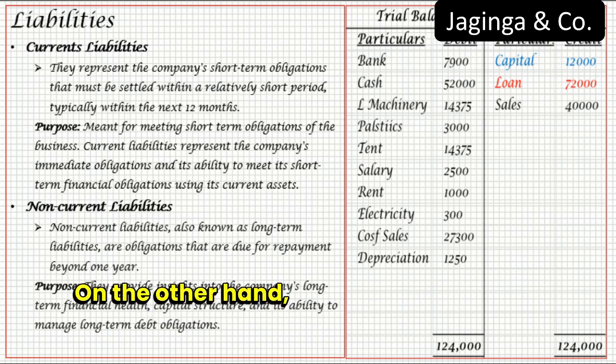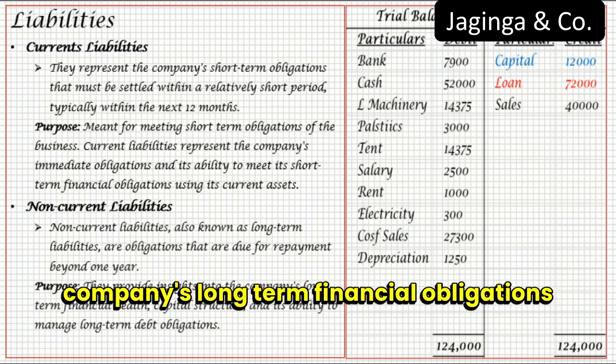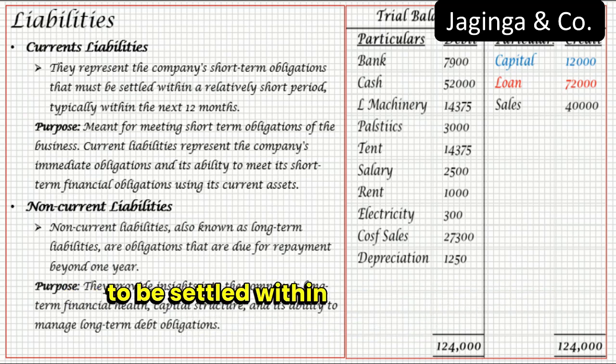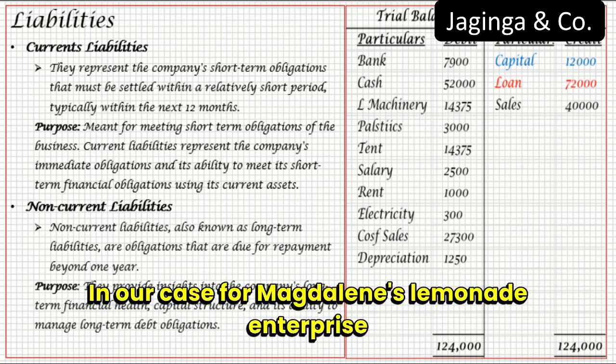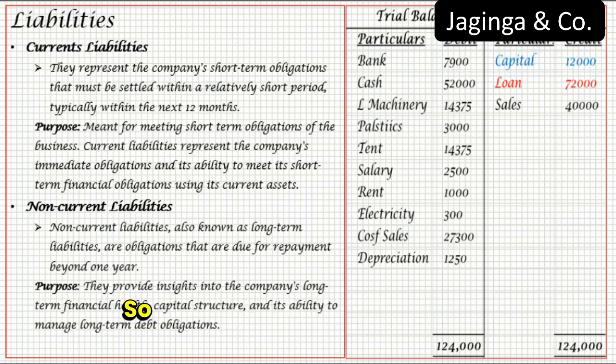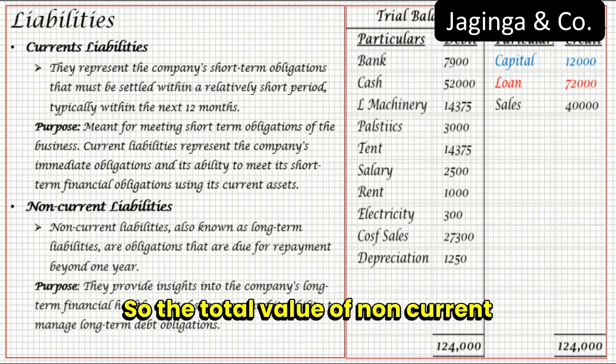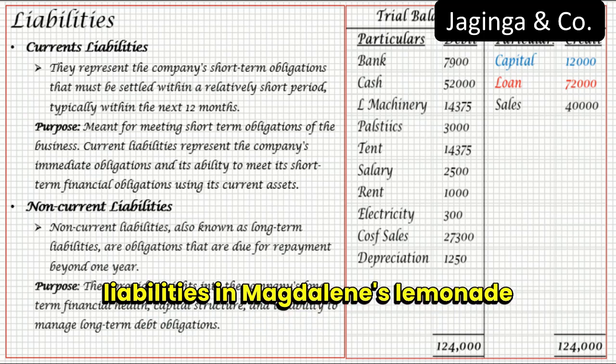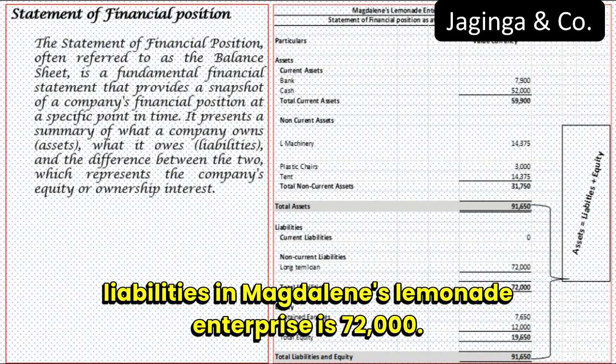On the other hand, non-current liabilities represent the company's long-term financial obligations that are not expected to be settled within the next 12 months. In our case for Magdalene's Lemonade Enterprise, we have long-term loan of $72,000. So, the total value of non-current liabilities in Magdalene's Lemonade Enterprise is $72,000.